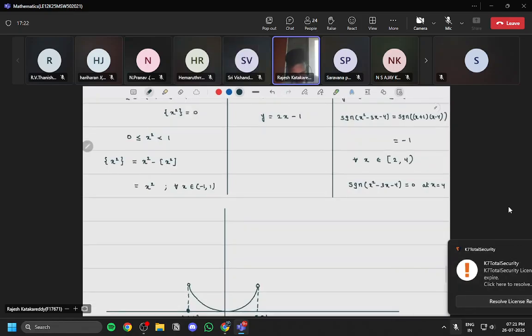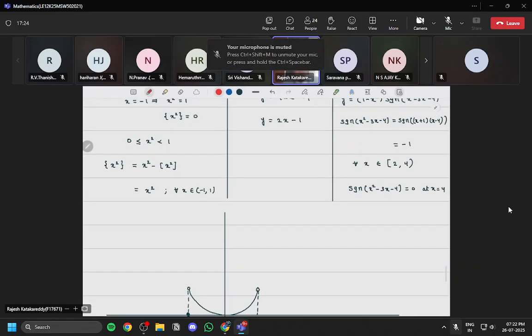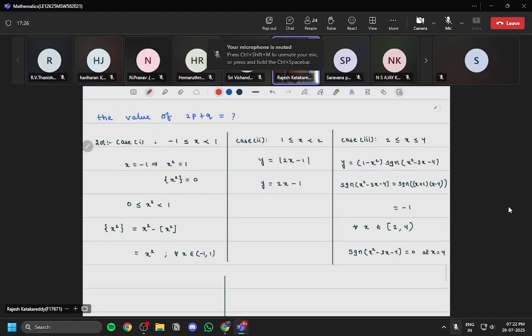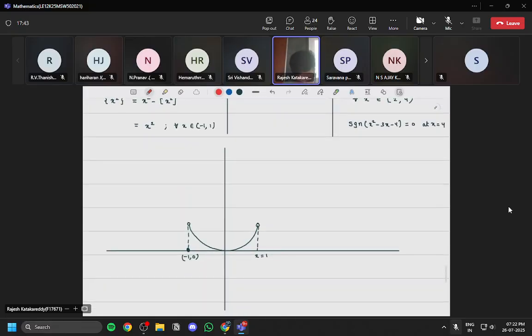So next, what is happening? Let us use a different color. From 1 less than or equals x less than 2, it is y equals 2x minus 1. Slope is positive. If I put x equals 1 in this, I get 2 minus 1 is 1. The starting point is 1 comma 1, a straight line with positive slope.